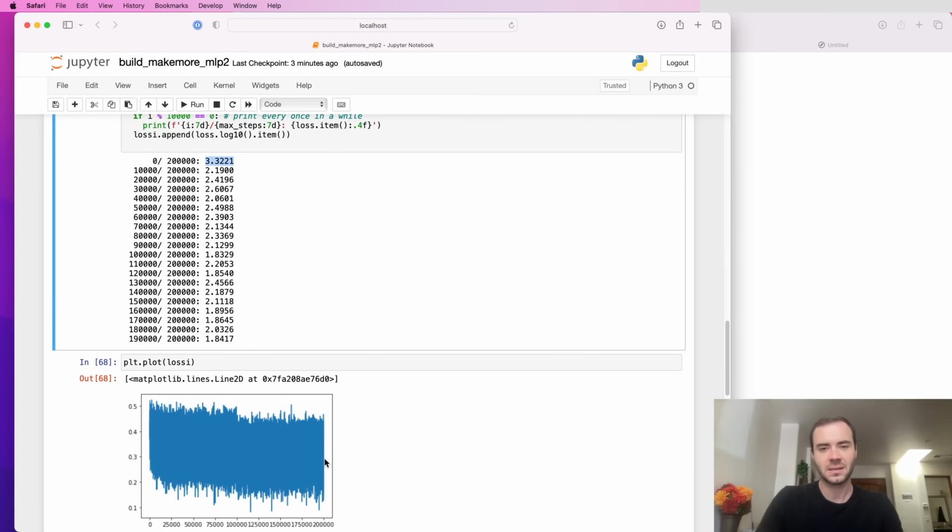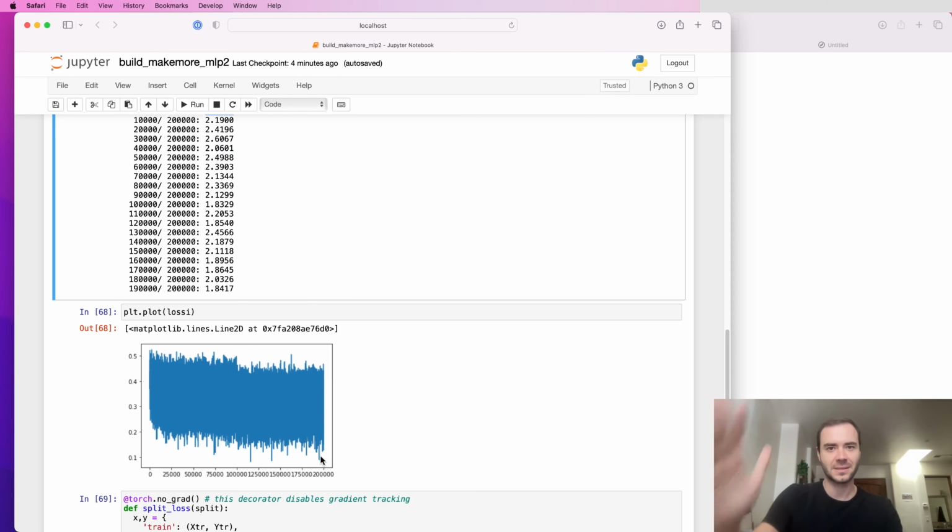The plot of the loss now doesn't have this hockey stick appearance, because what's happening in the hockey stick, the very first few iterations of the loss, is the optimization is just squashing down the logits, and then it's rearranging the logits. So we took away this easy part of the loss function where the weights were just being shrunk down. And so we don't get these easy gains in the beginning, and we're just getting some of the hard gains of training the actual neural net. And so there's no hockey stick appearance.